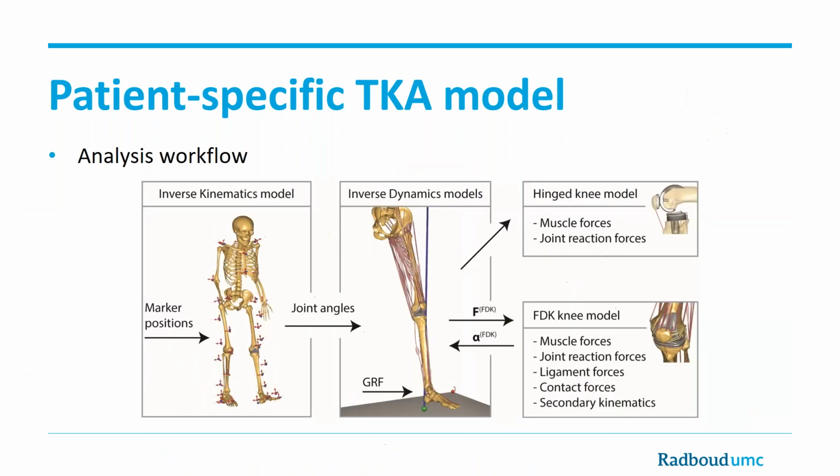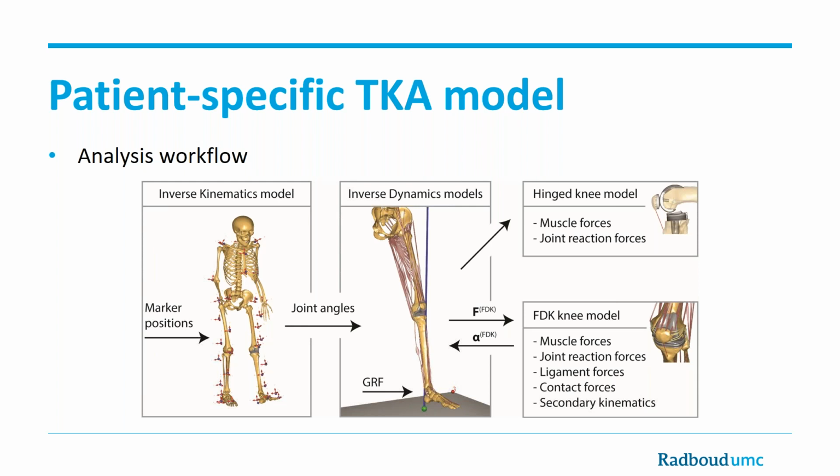So what a typical analysis with this patient-specific model looks like is depicted in this slide. Essentially, we use motion capture data in the form of marker trajectories over time, and we can use this to run an inverse kinematic analysis. So basically, the joint angles of the musculoskeletal model are optimized.